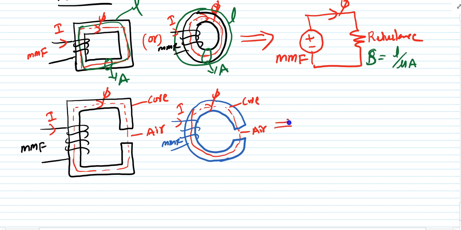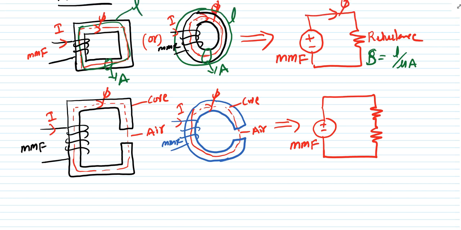Then what is the equivalent circuit here? Again this is my mmf, and my flux is the same in both the core and the air, so they are in series. I can show it like this, right? This is one reluctance, and this is another reluctance.